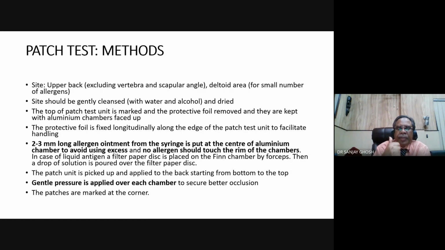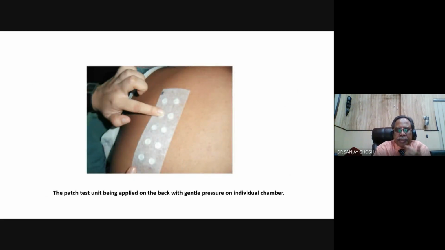And after application of the Finn chamber on the back, gentle pressure should be applied. Otherwise, there will be contact only in parts. This is the actual pressure you need. Sometimes in some centers it is done not by dermatologists but by technicians. I think that should not be ideal.